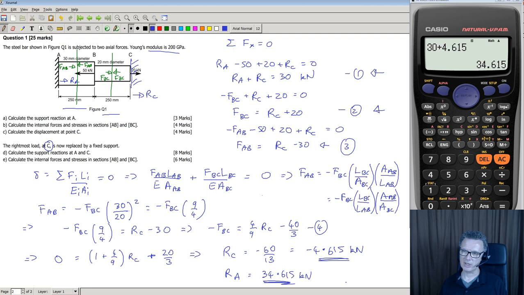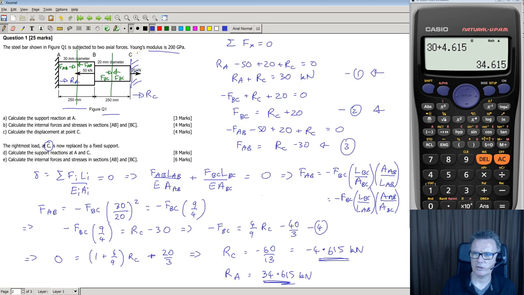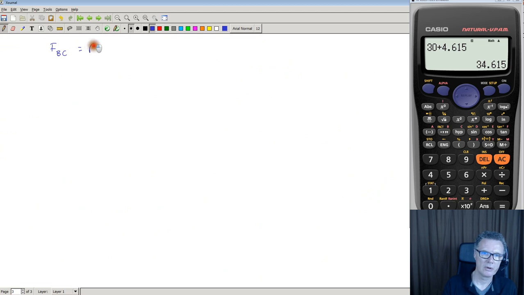Part E is calculate the internal forces. Well, now I've got all this data. It's relatively straightforward. I can use equations 2 and 3. Equation 2 is FBC equals RC plus 20.